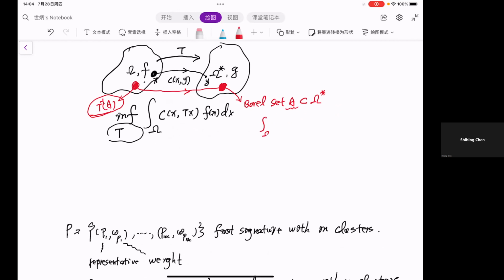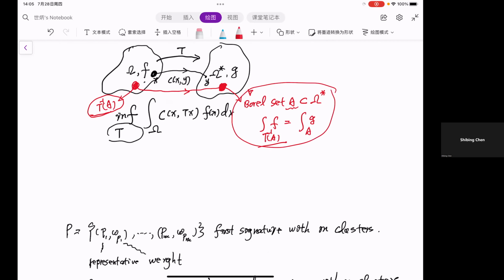So the natural condition is the following: the integral of F over T inverse of A, the total mass of the materials in this part, equals the integral of G over A. This should be satisfied for any Borel set A in the target domain.